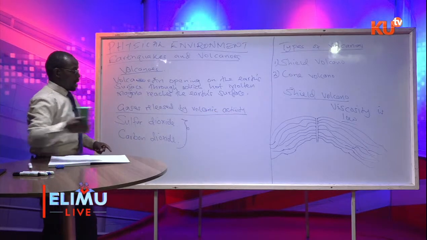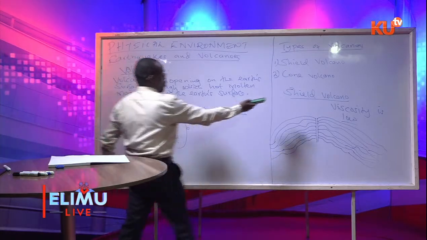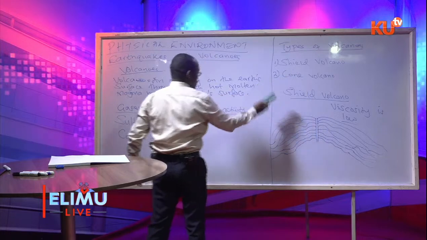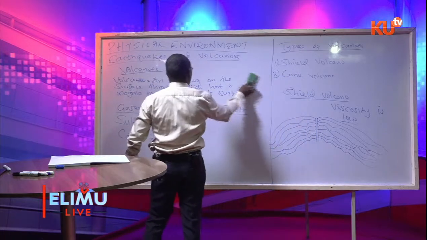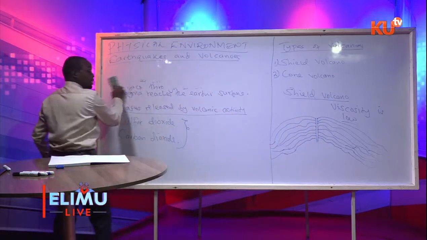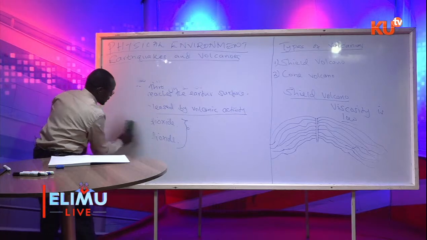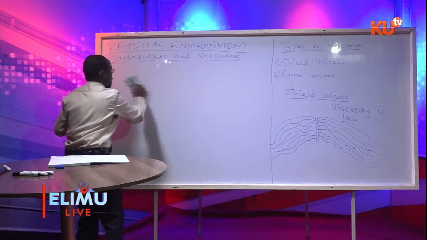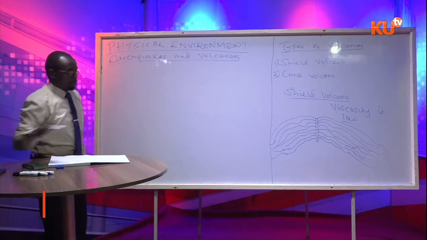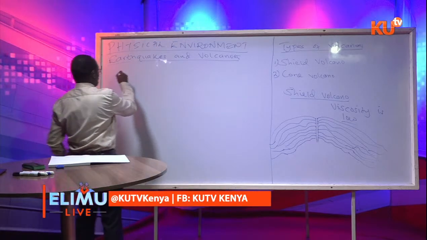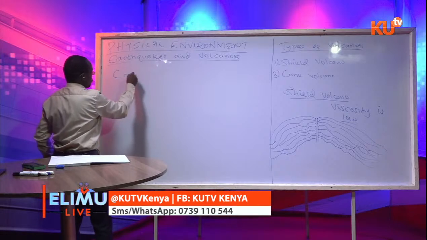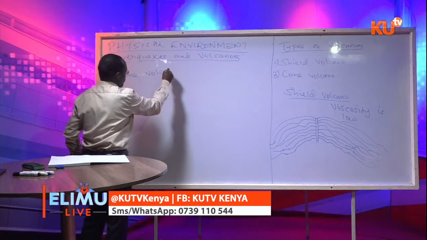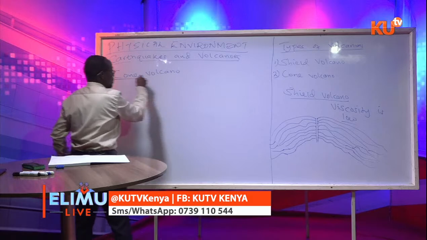Then the other type of volcano, the cone volcano, is the opposite of this one, as I'm going to represent here through a diagrammatic representation. Very important, so that we are able to understand better. Now, the cone volcano, another one.